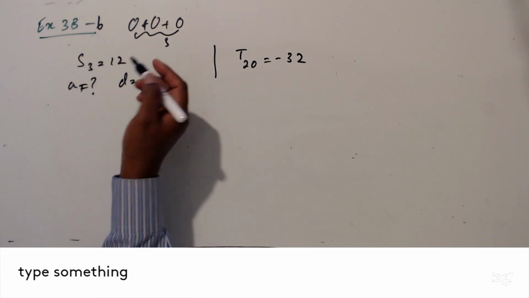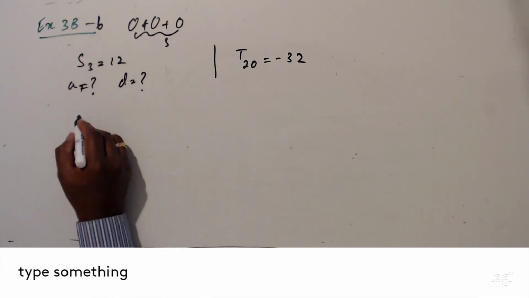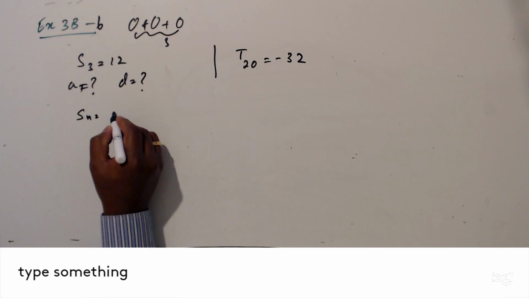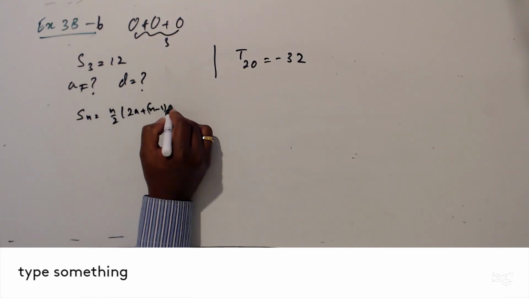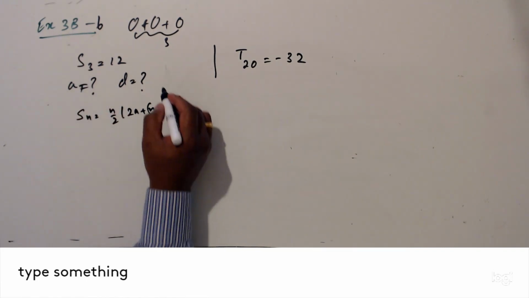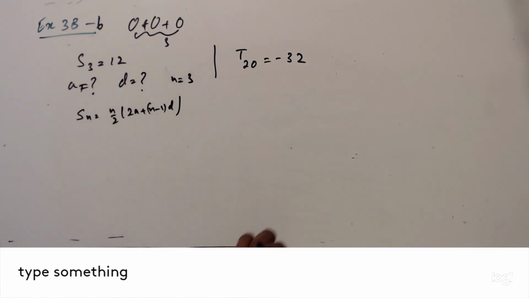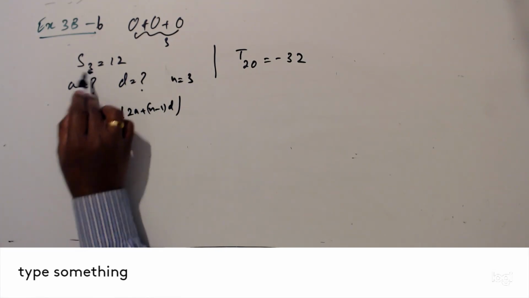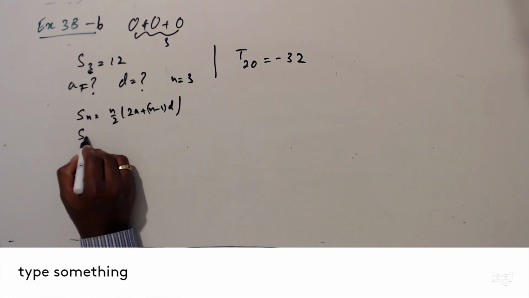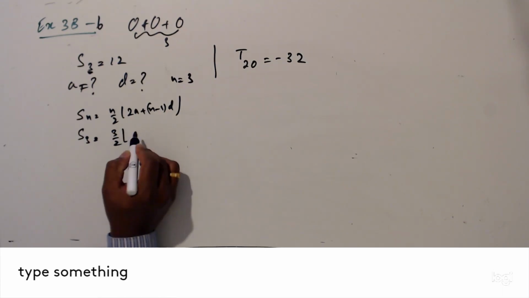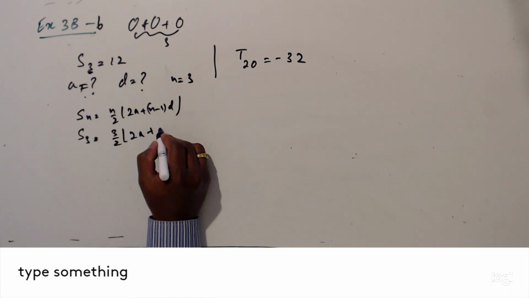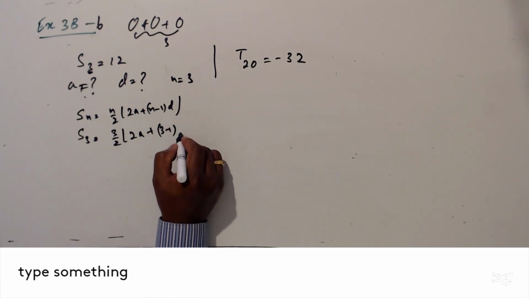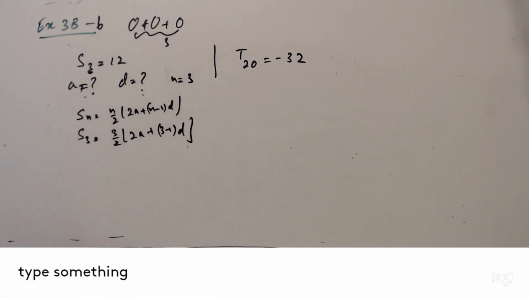Now, what is the equation with the partial sum? Sn equal n divided by 2, times 2a plus n minus 1 times d. So n here is 3, a 3 term addition. So S3 equal 3 divided by 2, 2a, we don't know a so keep it as it is, and n we know, 3 minus 1 times d, which is 2d.